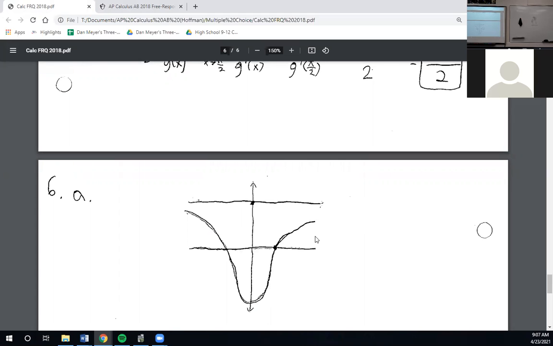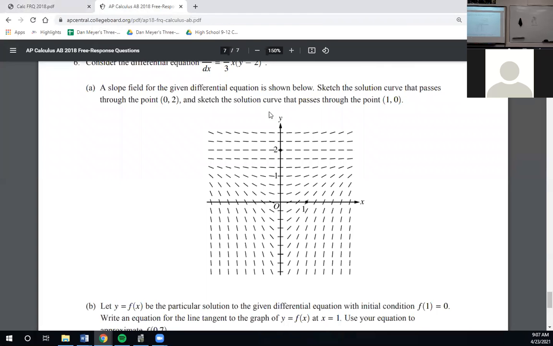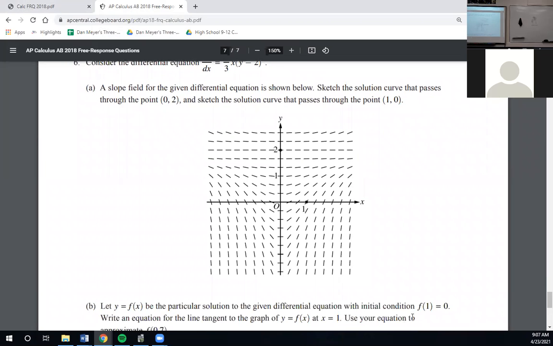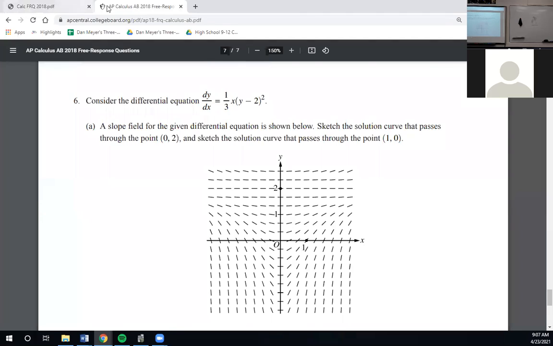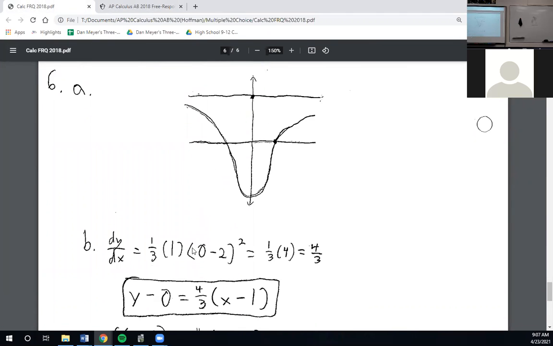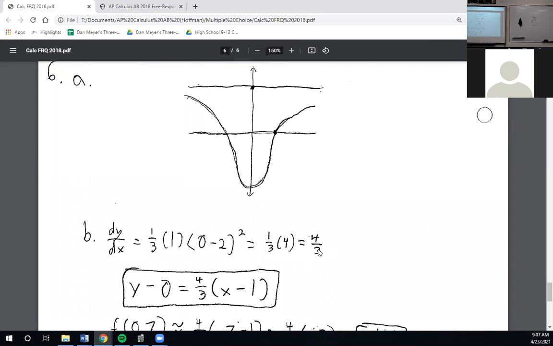Then it asks for the equation of the tangent line at 1. So that means I need the slope when f of 1 is 0. So I'm going to plug in 1 for x and 0 for y and figure out what dy dx is. And it ends up being 4 over 3. So I need to put that in the equation of the tangent line. And then it says use that tangent line to approximate at 0.7.